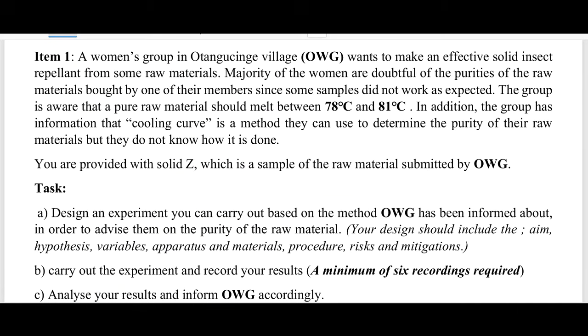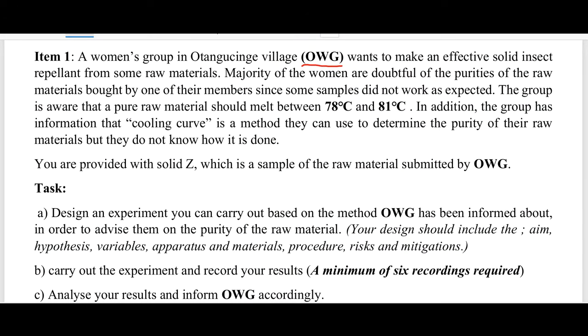Let's go through the scenario as fast as possible. So the scenario says a women's group in Otangusinj village, abbreviated as OWG, wants to make an effective solid insect repellent from some raw materials.